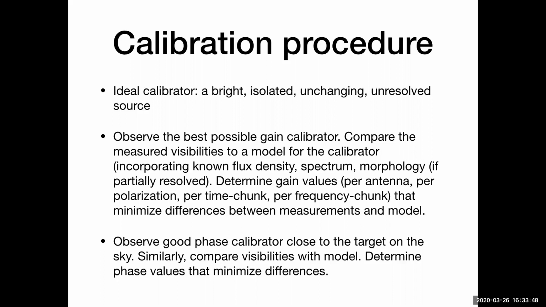Yeah, so some of these parameters, like particularly being unresolved, aren't so critical if you have a good model for the calibrator. So an unresolved source is easy to model. It's a delta function. It has like three parameters, and that being the X and Y coordinates and the brightness. So that's the easiest thing to model.